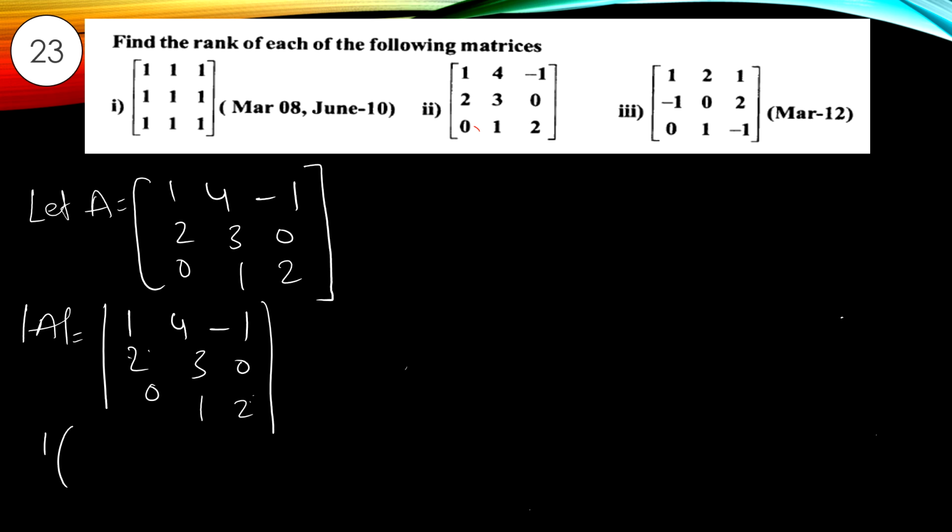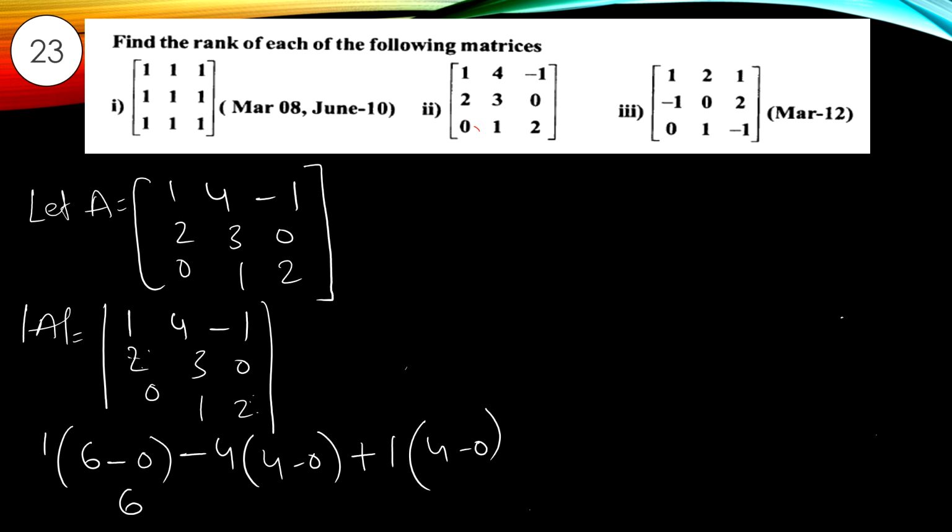So 1 into 6 minus 0. So minus 4 into 4 minus 0. So minus of minus, plus 1 into 2 is 4, minus 3 zeros are 0. So finally you will have 6 minus 16 plus 4.